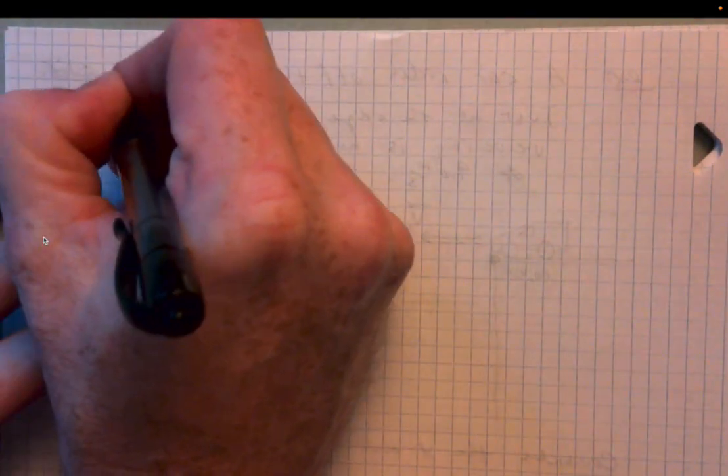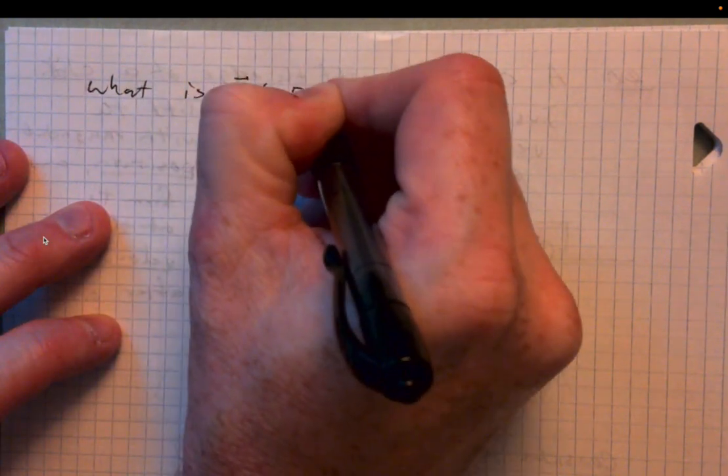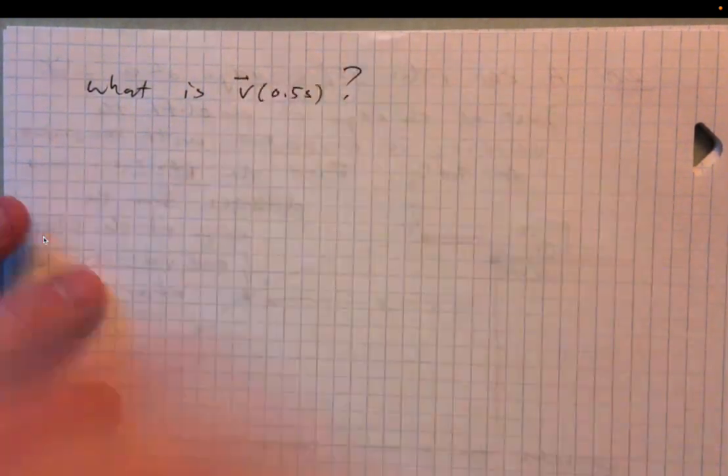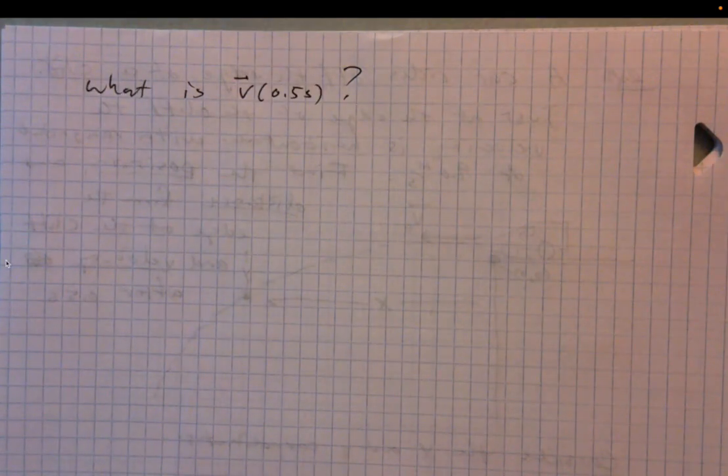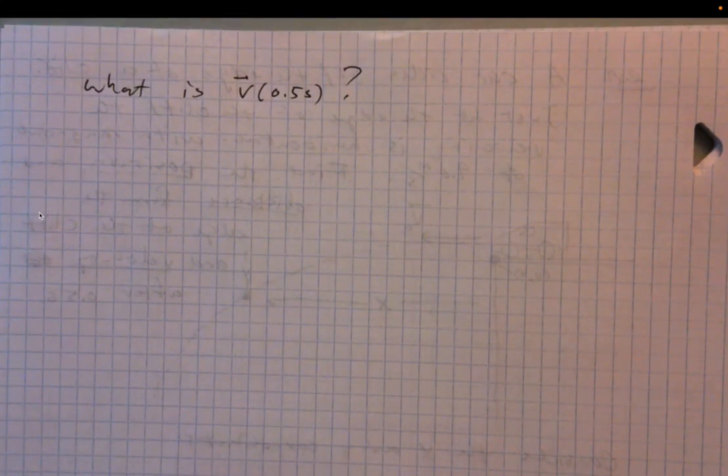And then the last thing that we're interested in is, what is the velocity, both in terms of direction and magnitude? What's the velocity at t equals 0.5? So what is v of 0.5 seconds? Well, to solve that, we need to just pull in our velocity expressions, right?